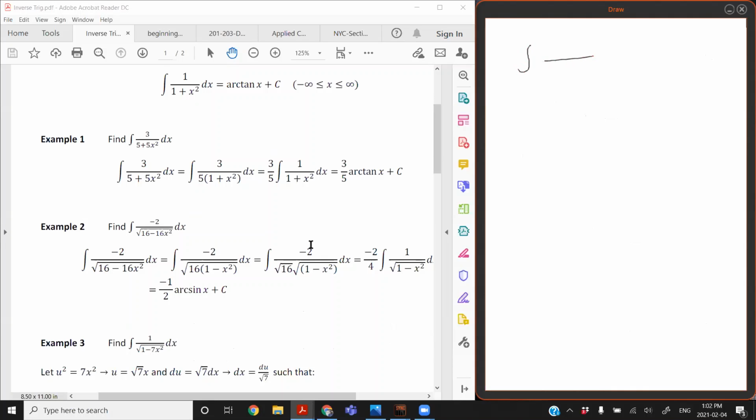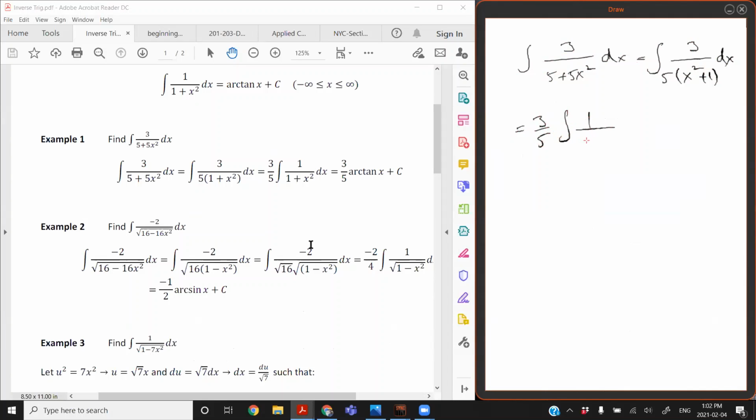So we have the antiderivative of 3 over 5 plus 5x squared dx. If I factor out a 5 from the denominator, I get x squared plus 1 at the bottom. So the 3 over 5 is a constant.